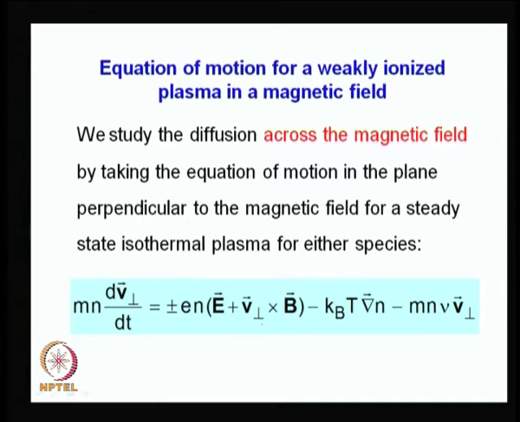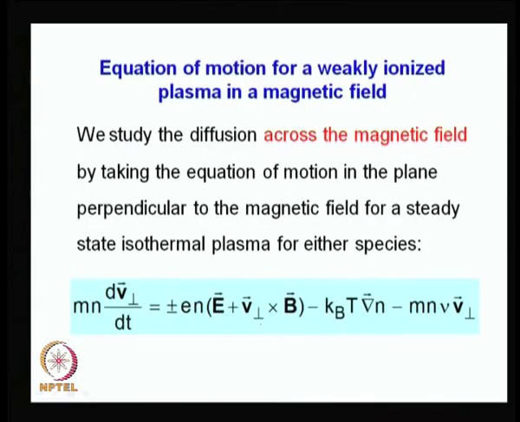Since there is no motion in the direction in which V is parallel to B, we will study the diffusion in a direction perpendicular to the magnetic field, across the magnetic field, writing the equation of motion in a plane perpendicular to the magnetic field.